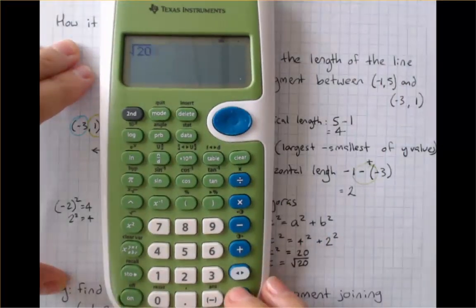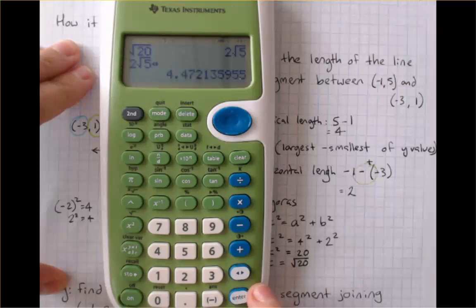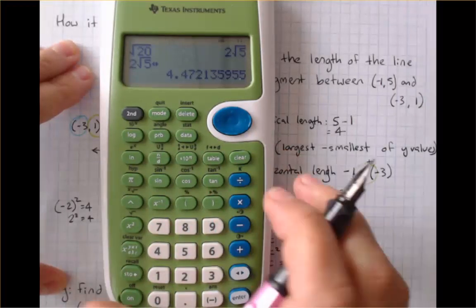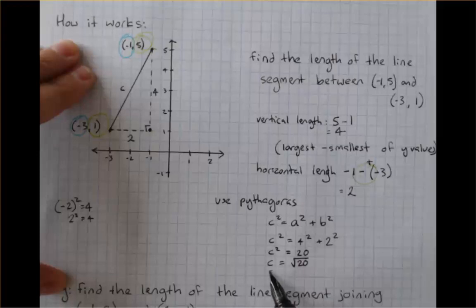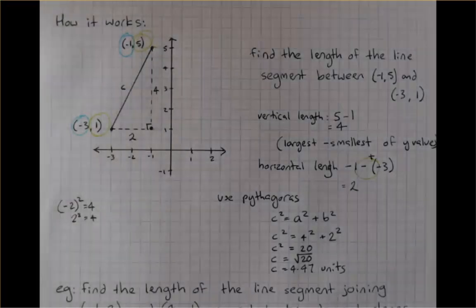Now remember that when we hit equals or enter and we get a funny answer, we push the arrow key to get a decimal answer. They said 2 decimal places. C equals 4.47 units, because we're in units because we're on the coordinate geometry plane.